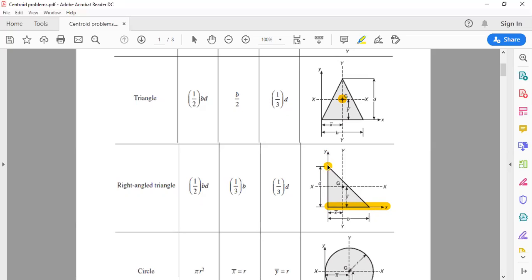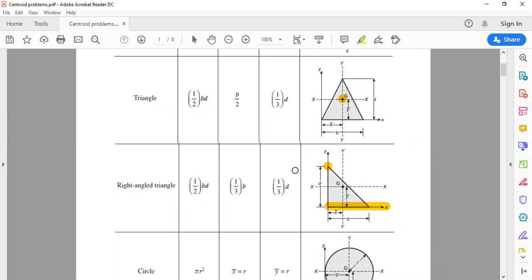So this point is the apex. So the distance of the centroid from the base of the triangle is 1/3 of the dimension. And what is the dimension here? Total dimension is d. And since we are measuring the centroid from the base of the triangle, it is 1/3 of d.